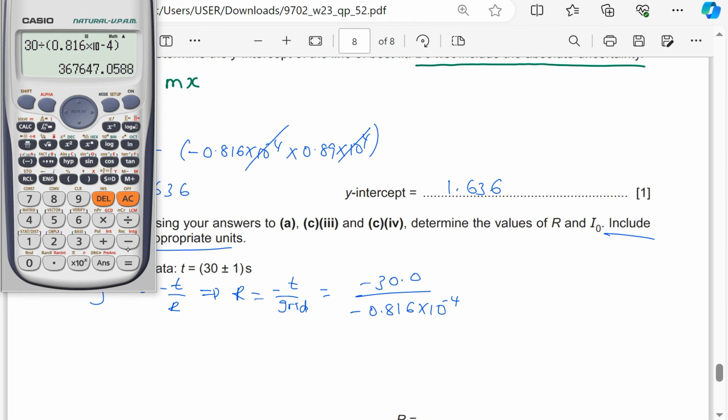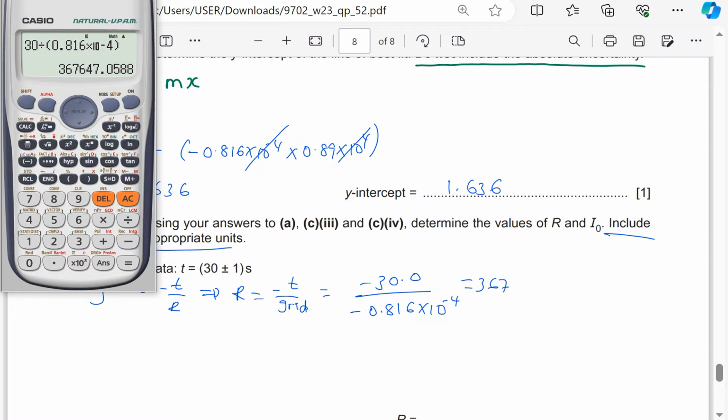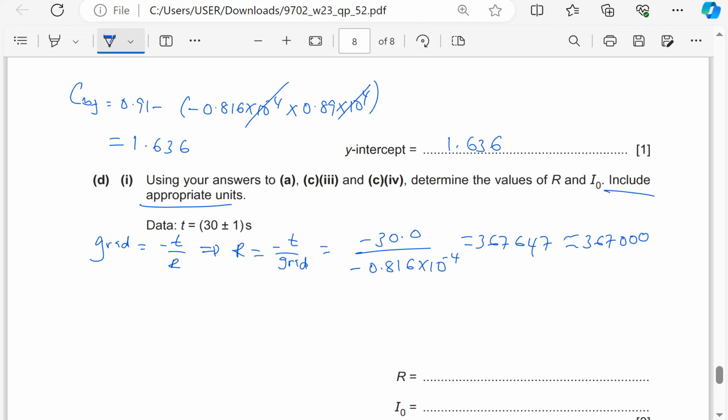So R is going to be 367,647. So approximately I'll write 367,000, or 3.67 times 10 to the power of 5.